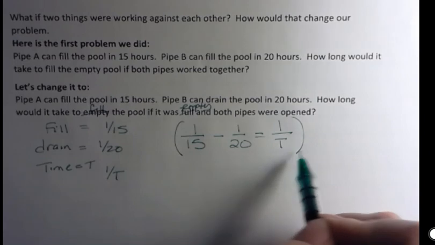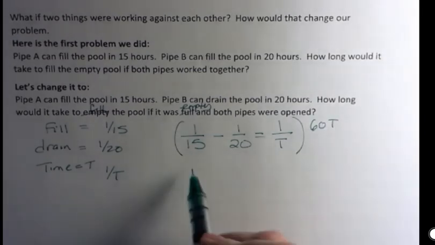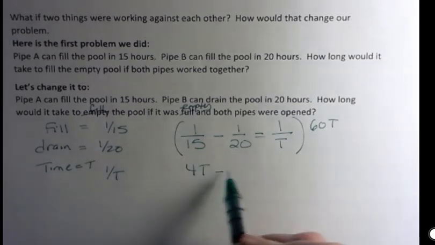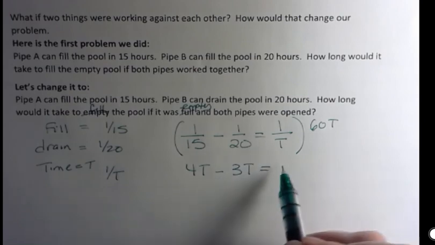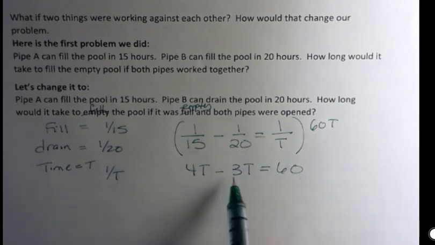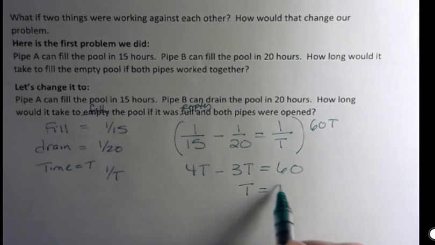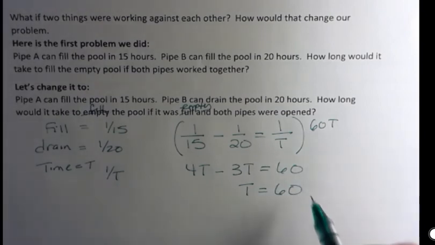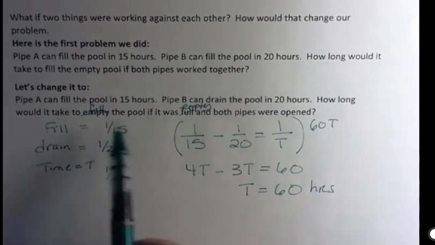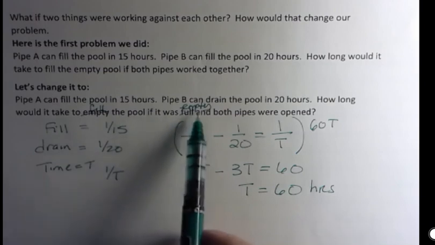I can multiply this whole thing by 60T and I get 4T minus 3T equals 60, and 4T minus 3T is T equals 60. So it takes 60 hours to fill the pool if it was empty to start with.